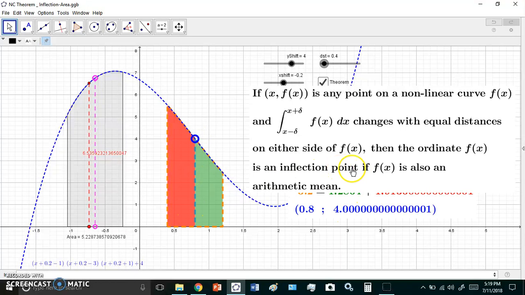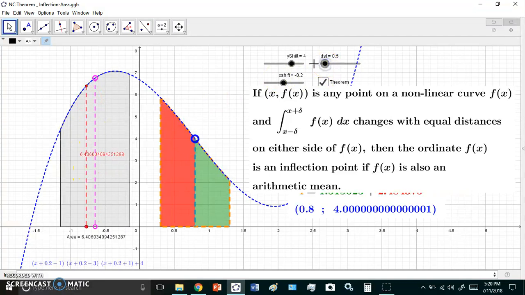also has, well, it's actually at an inflection point, so I still didn't manage to state it correctly, but it's at an inflection point if this ordinate here is also an arithmetic mean of all the ordinates in this interval. Obviously this one here can't be an arithmetic mean because the arithmetic mean is shown in the red here.